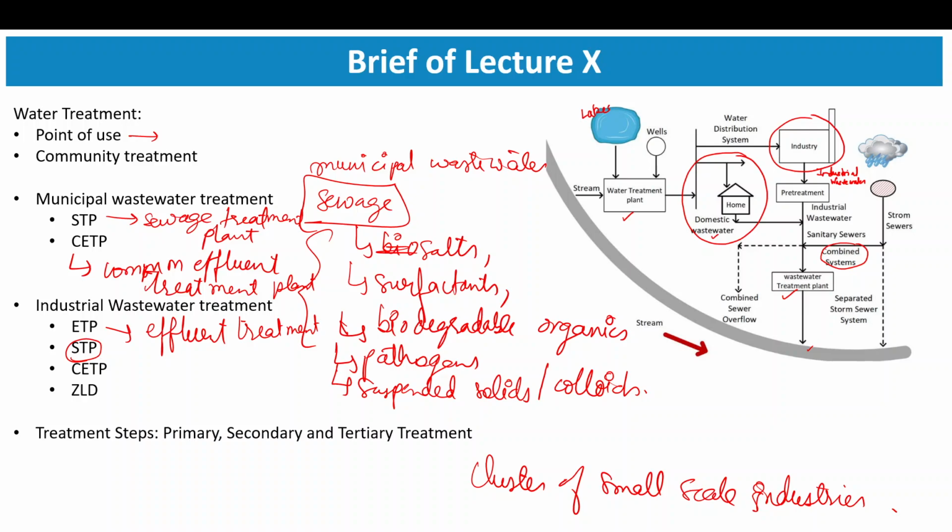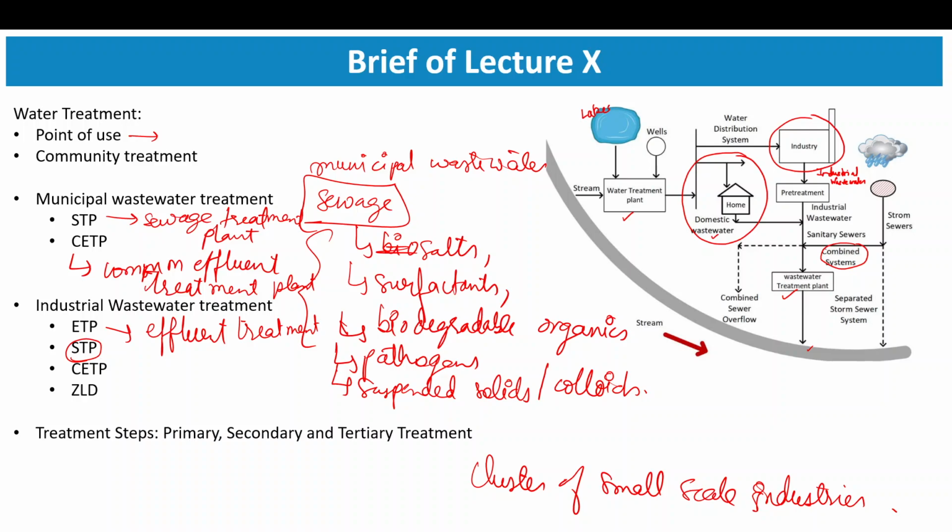In that zone, there are many small industries, for example textile industries, paint industries, very small units, and each of these units generates wastewater. Because they are small scale, they might not have that much land or money to set up their own wastewater treatment unit, right?